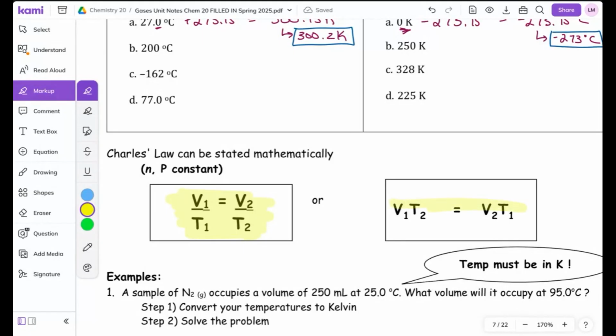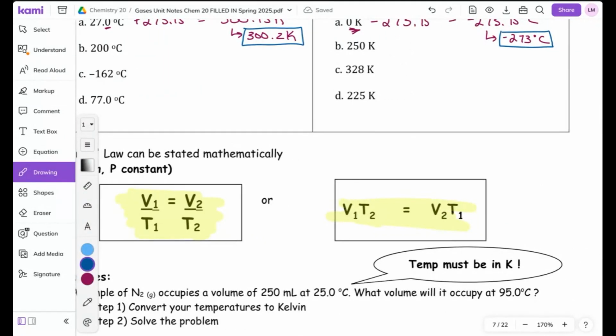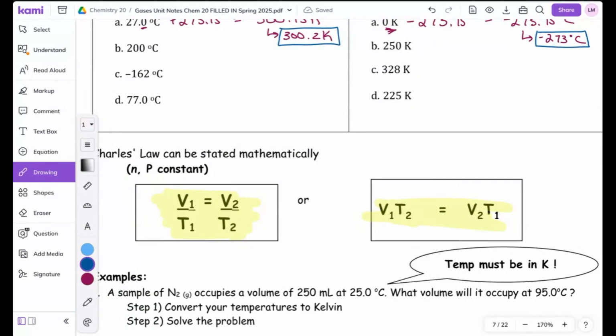Or you can use this one where the initial and final volumes and temperatures are mixed and matched. Personally, I find students have an easier time rearranging this equation, but you can use either. It's just whichever one is more convenient or easier for you to use.